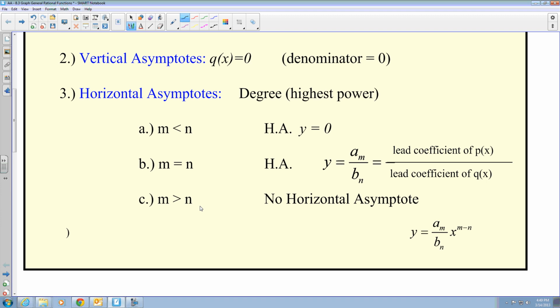If m is less than n, then our horizontal asymptote is going to equal 0. If m and n equal each other, then the horizontal asymptote is the constant value in the numerator divided by the constant value connected to it in the denominator. And if m is greater than n, then there is no horizontal asymptote.